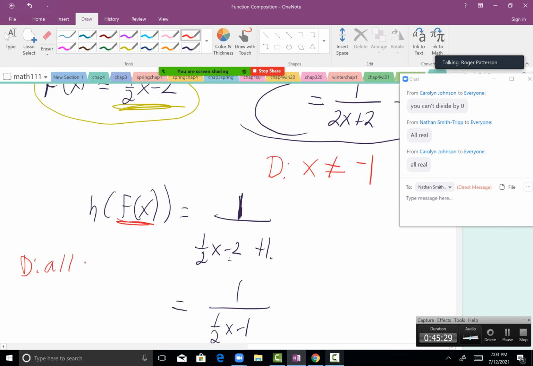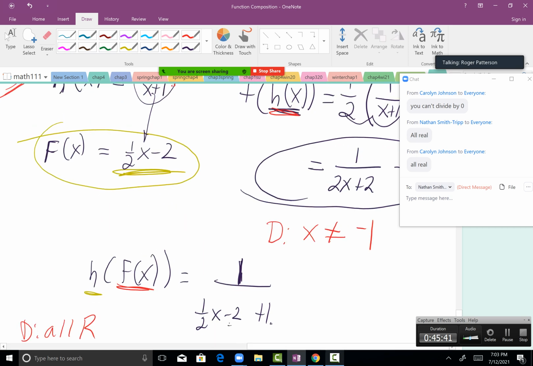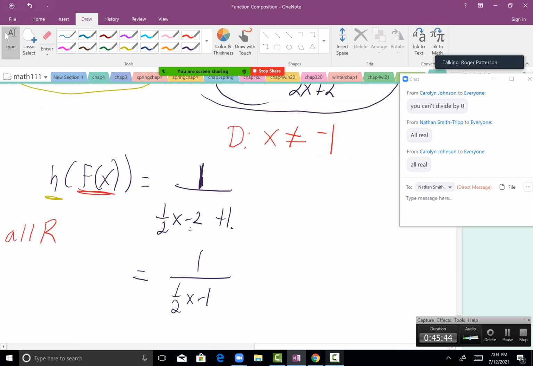So now we got to talk about the h, right? Because that's where those all real numbers are getting put into. I got to make sure that the h function can handle that. Can it handle all real numbers? No, it can't, because when x is -1, I got a problem.